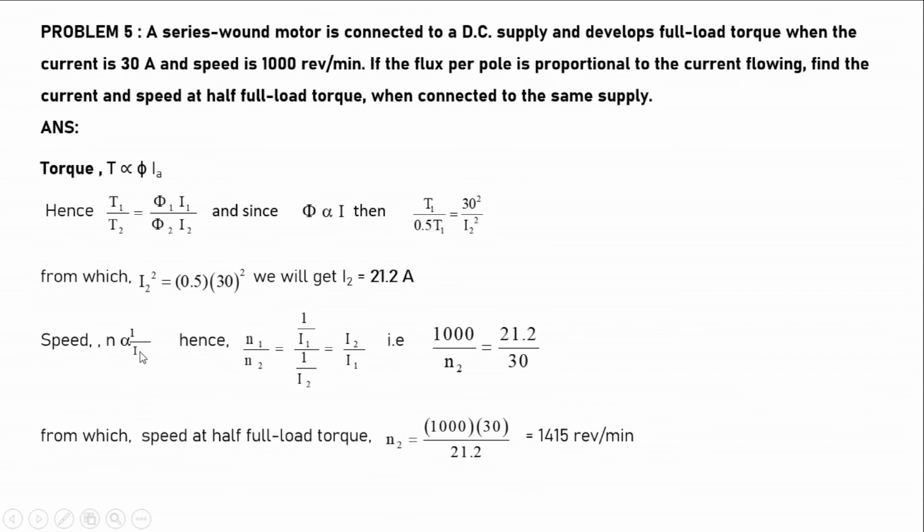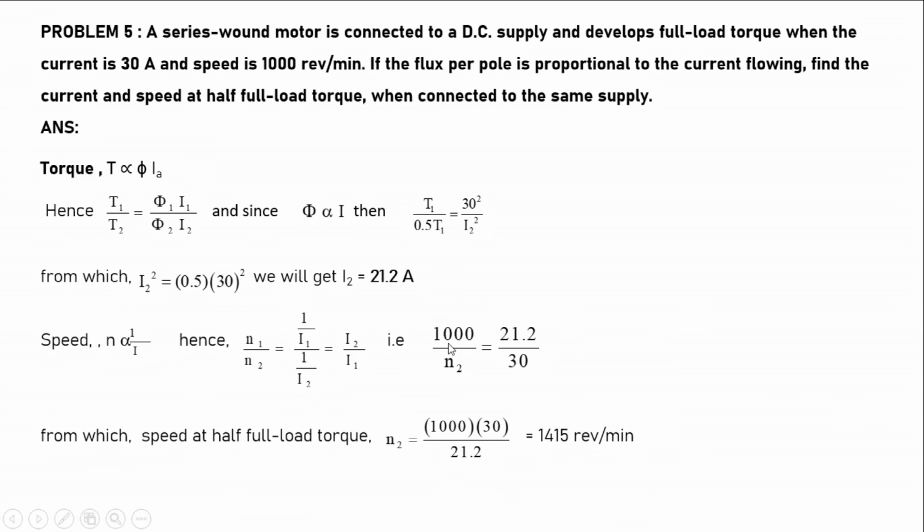While studying the speed-current characteristics, we saw that speed is inversely proportional to armature current, so never start a series motor without any load. So N1 is proportional to 1 by I1, and N2 to 1 by I2.